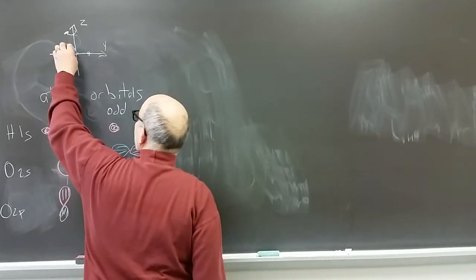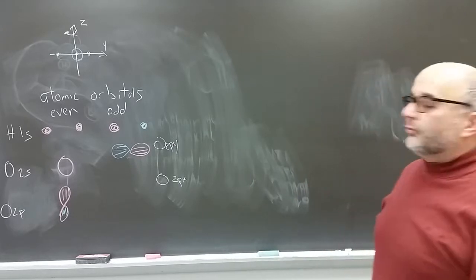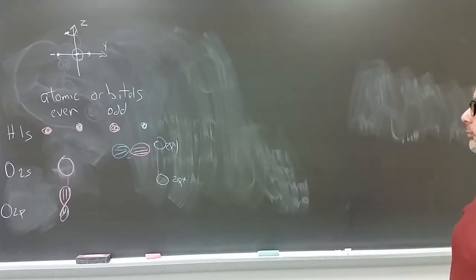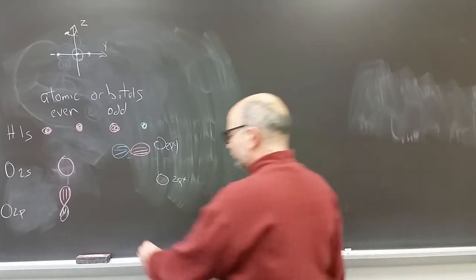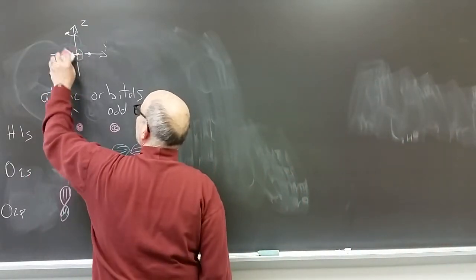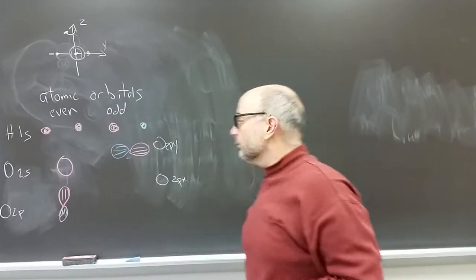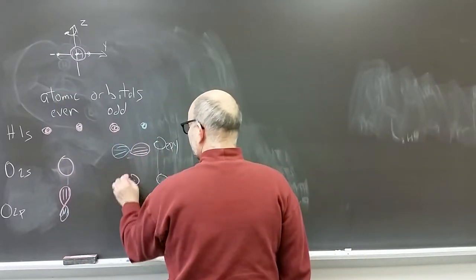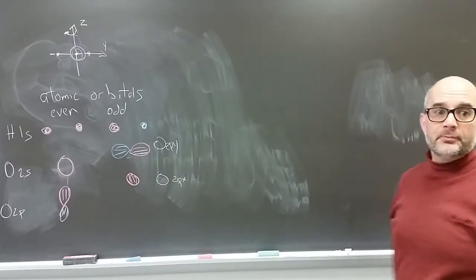So if you're looking straight down into the board, you would see, for example, the blue part of that 2px. If you rotate around the z-axis 180 degrees, what you're going to see is the other part of it, which is the red part, which means that is also an odd.